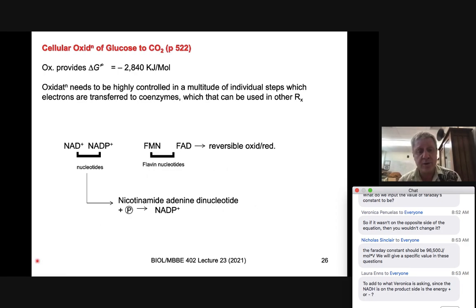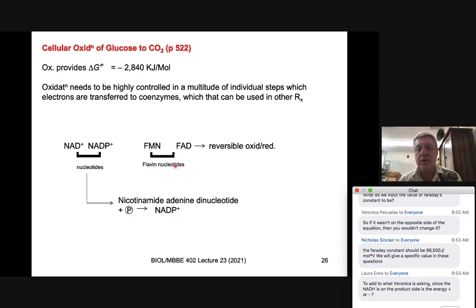We've already introduced NAD+, but another equivalent is NADP+, and these are nucleotides. Basically, this is nicotinamide adenine dinucleotide, or nicotinamide adenine dinucleotide phosphate, the NADP+.